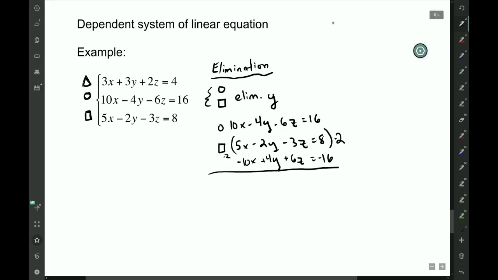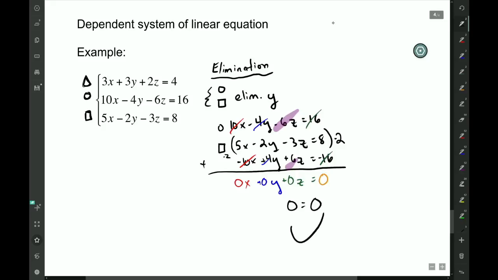If we are to add these together now, okay, 10x and negative 10x are going to be 0x. Okay, y and y are going to be 0y, and z, adios, is going to be 0z. And lastly, 16, negative 16 is going to be 0. Okay, now what we have here is essentially 0 plus 0 plus 0, 0 equals 0.